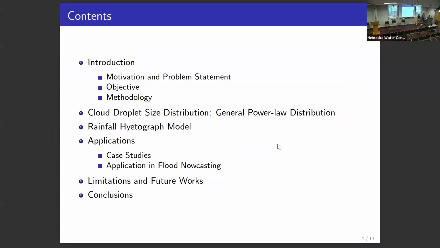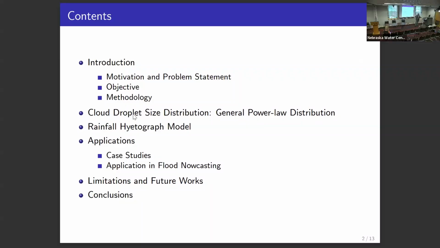So the general idea is that we need to know the raindrop size distribution in a cloud. If we know the distribution, it's like sediment in water: you have a size distribution. We know the large sediment will move fast and the small sediment will move slow.